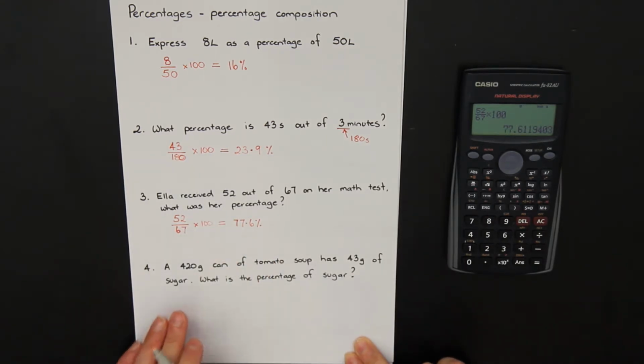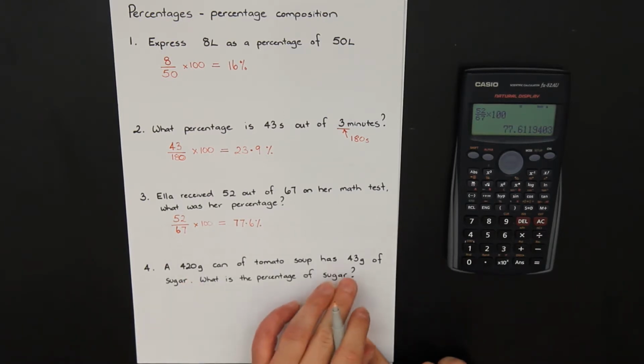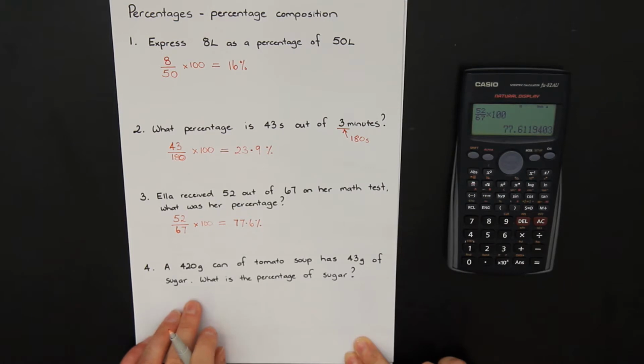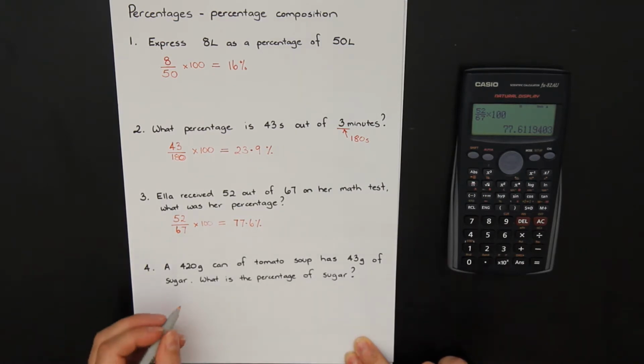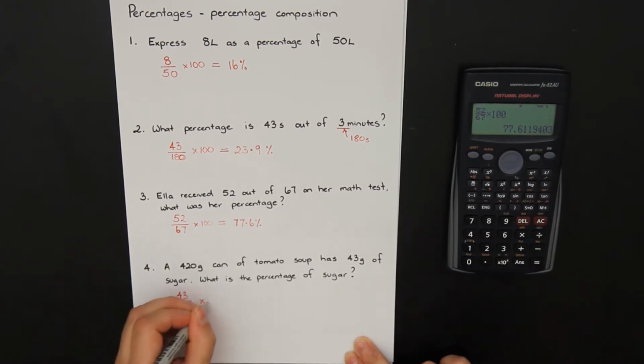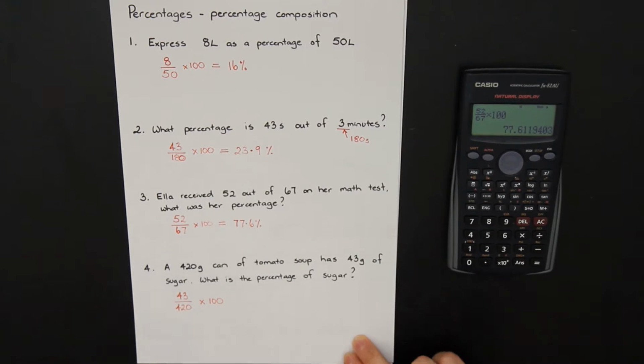Question 4. A 420 gram can of tomato soup has 43 grams of sugar. What is the percentage of sugar? Let's make it into a fraction. We have 43 grams of sugar out of the 420 grams. To find a percentage, we multiply by 100.